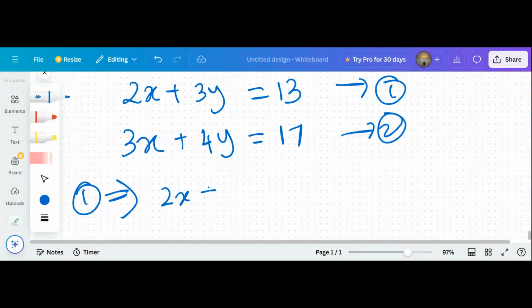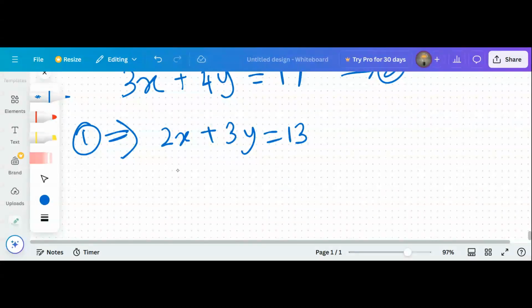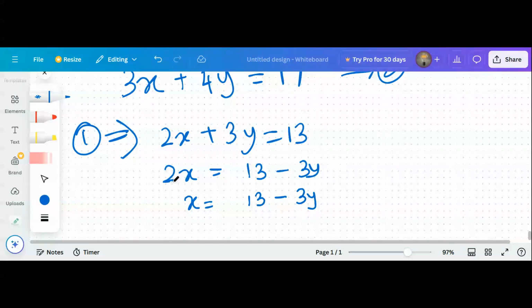2x plus 3y is equal to 13. 2x is equal to how much? 13 minus 3y. Plus 3y, if you take it to the other side, will be minus, so minus 3y. So 2x is equal to 13 minus 3y.